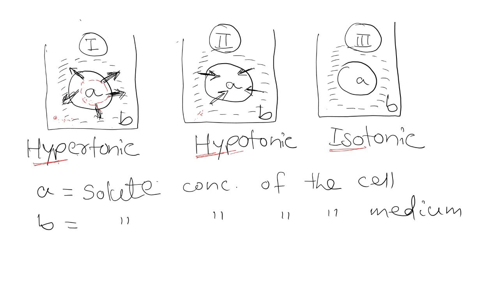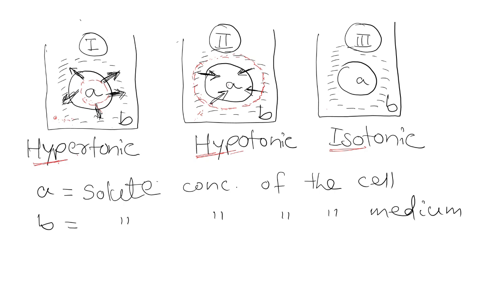So to make the balance, the solvent or the water from outside of the cell rushes into the cell, so that due to the influx of water, the cell will swell, or the cell will increase in size. So in a hypotonic medium the cell will swell.